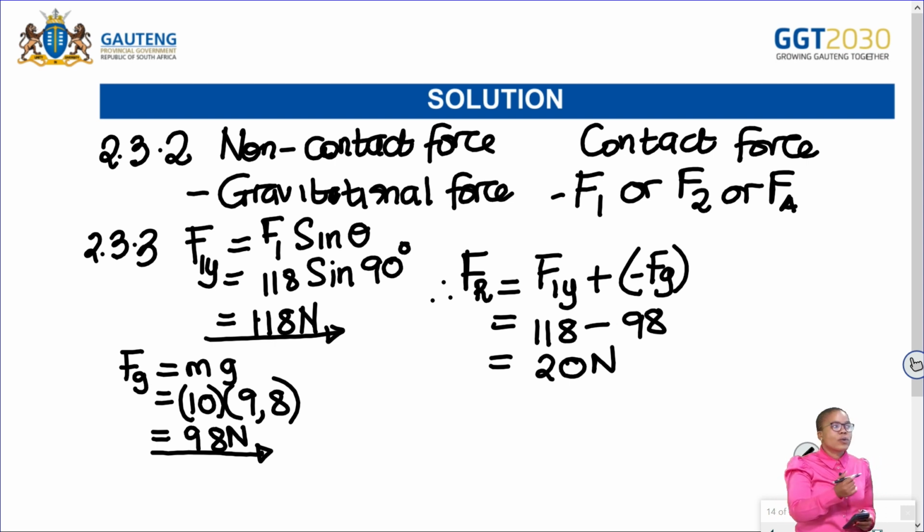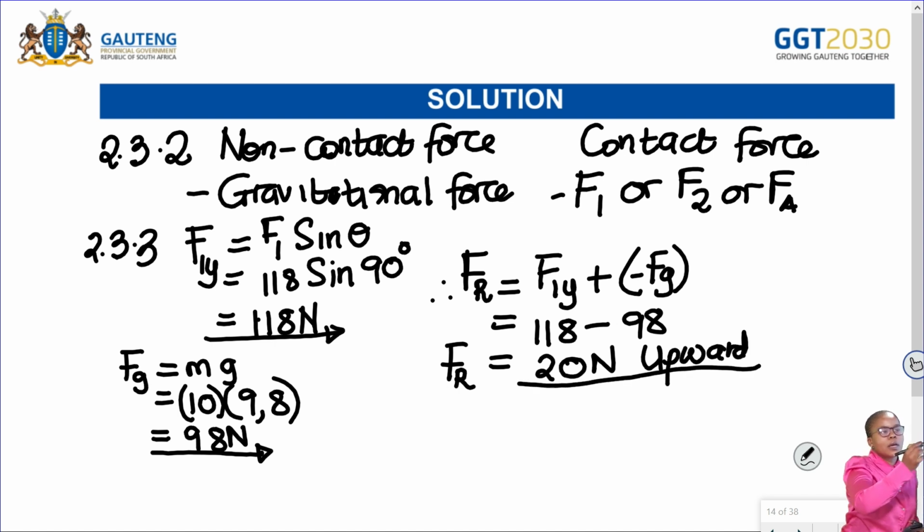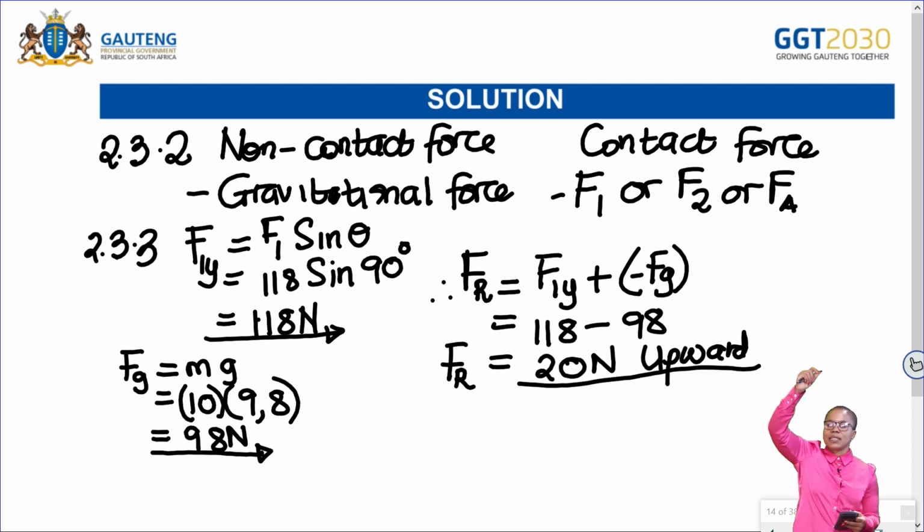That means your resultant force is 20 newtons upward. But if you had taken up as negative and then your answer comes back as negative, that means your resultant force is negative. So here your positive and your negative is a clear indication of the direction.